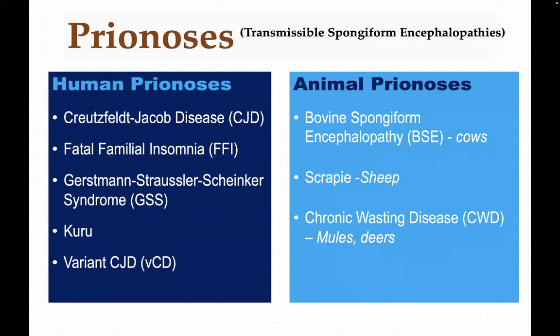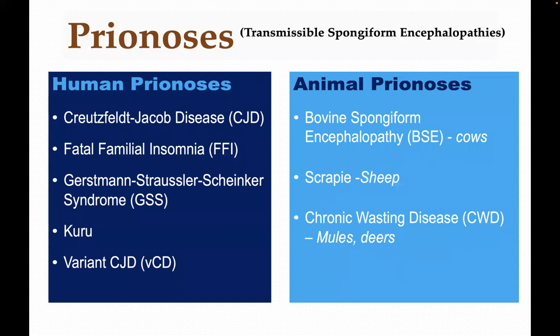Just to give an example, we have Creutzfeldt-Jakob disease, the CJD, and then we have fatal familial insomnia, FFI, then GSS, Kuru, and variant CJD. So those are the human prion diseases. For animal prion diseases, we have mad cow disease, also known as bovine spongiform encephalopathy.